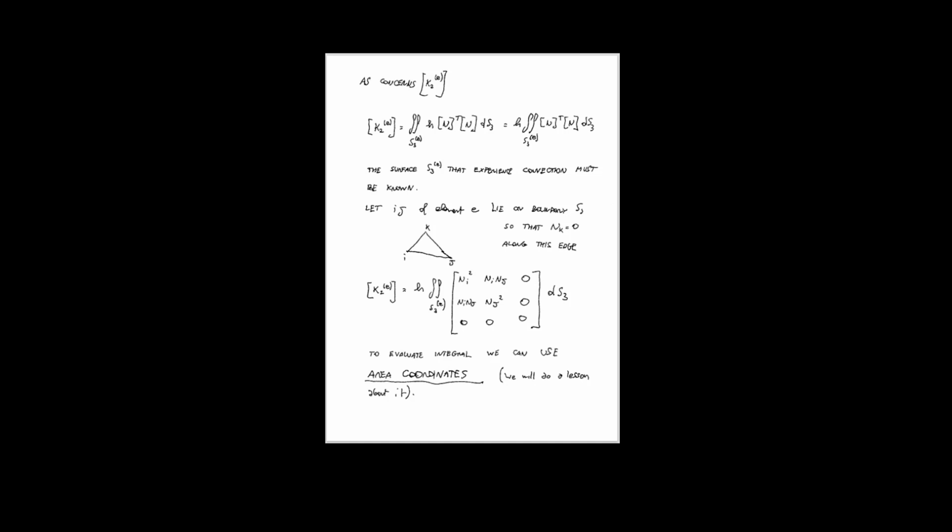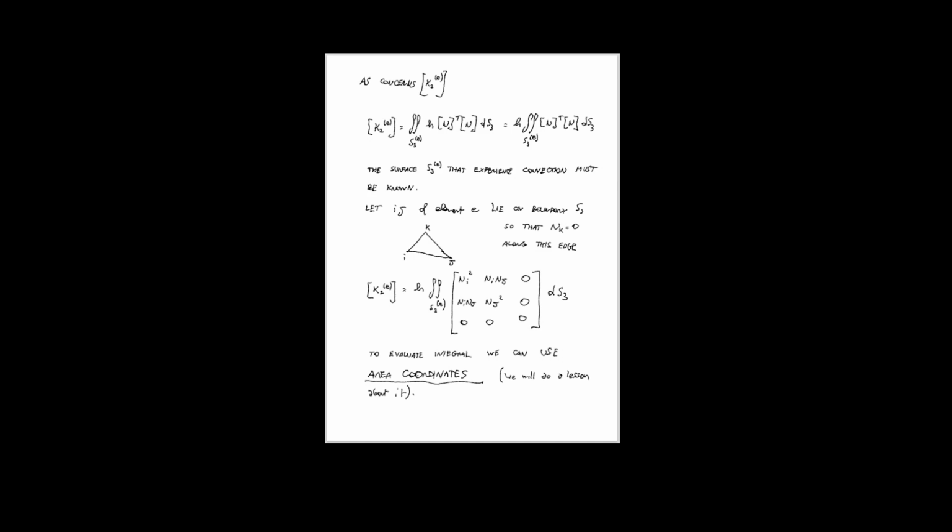As concerns K2, K2 is equal to h, the transpose of N multiplied by N, over S3, the integral over S3 dS3. If we consider h constant over S3, we can put it outside the integral. The surface S3 that experiences convection must be known.